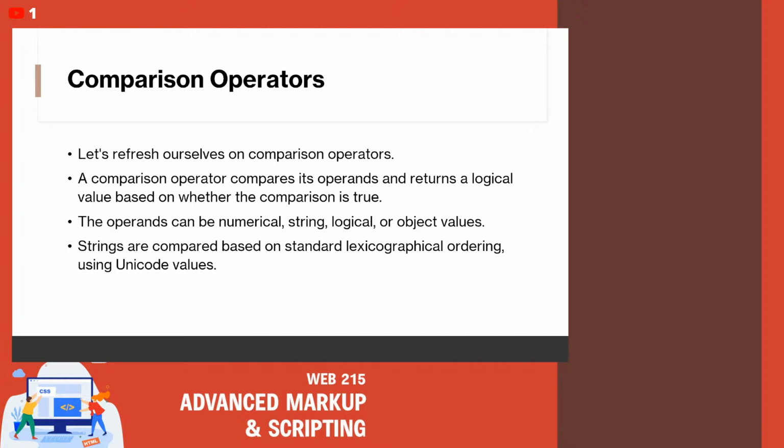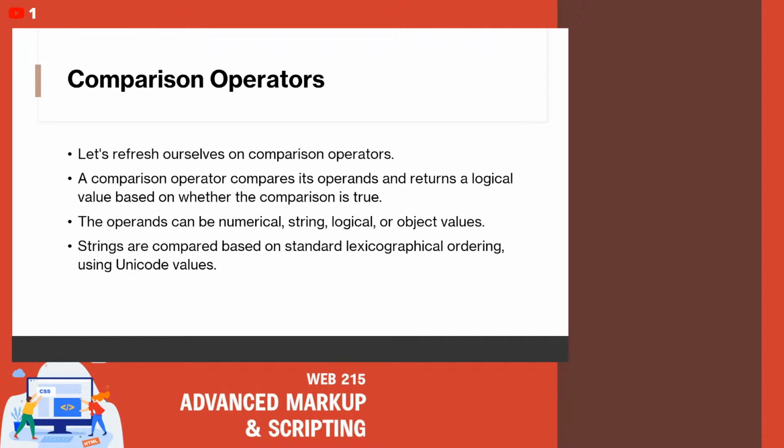So we are making this comparison between operands, right? The operator compares two operands, on either side, and it returns a logical value based on whether or not that comparison is true. A is greater than B. A is less than C. D is equal to 7, whatever.